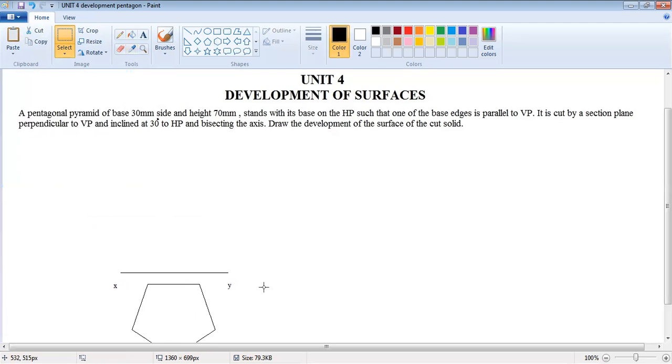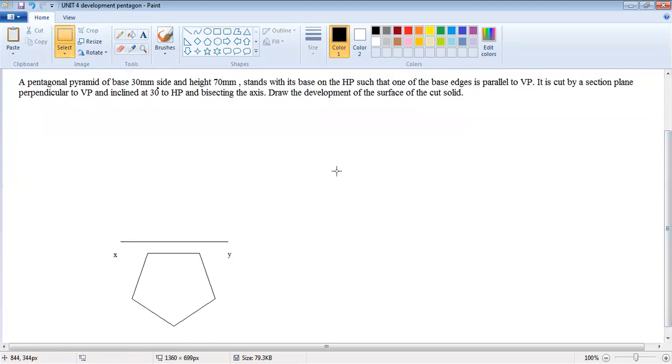For the pentagonal pyramid, we have to join all the corners to the center point of the pentagon. I already taught you how to mark the center of the pentagon.